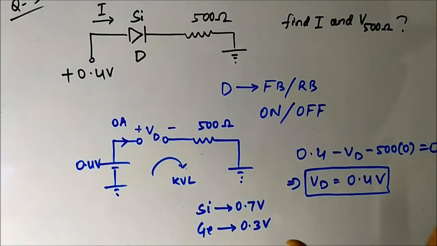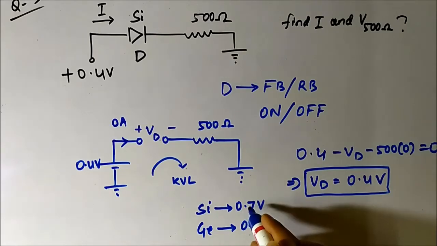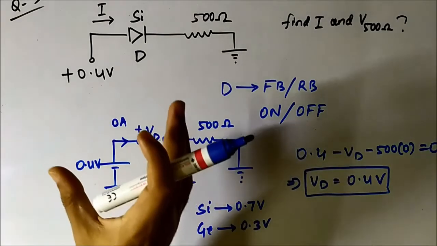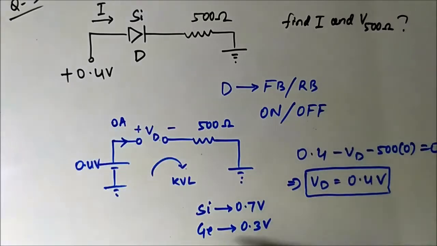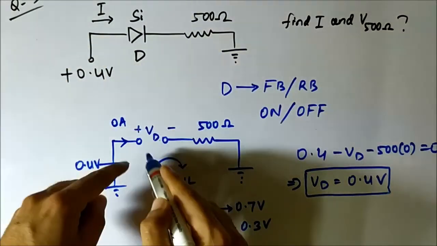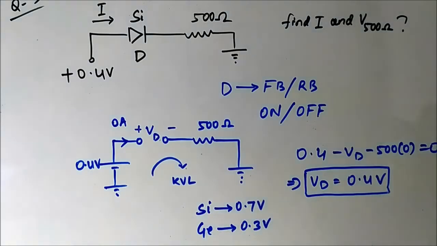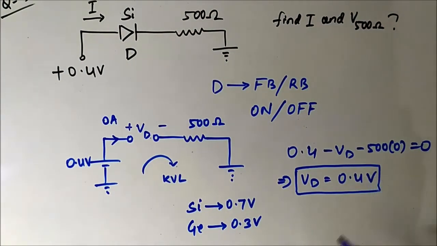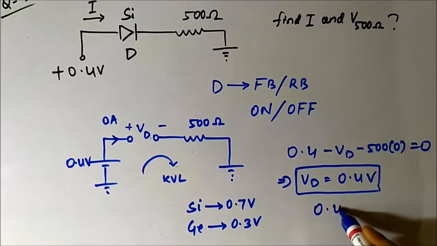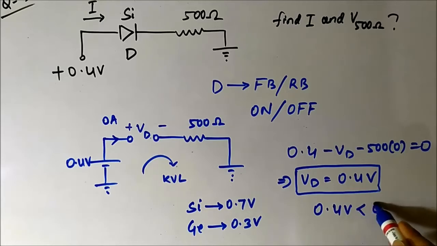So the forward barrier potential is 0.7 volt. So in order for the diode to be in forward bias condition or to be in on state, the voltage across the diode must be greater than 0.7 volt. But here we are getting that the voltage across the diode is 0.4 volt. 0.4 volt is lesser than 0.7 volt.